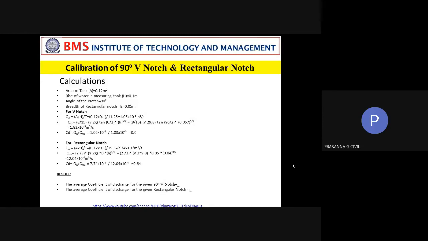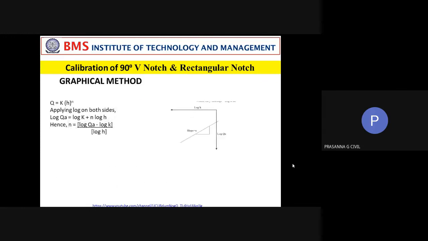This can also be done in a graphical method to compute the value of n in the expression for the equations given, both for the V notch and the rectangular notch. If a graph is plotted with log h versus log q, the slope of the line should give you the value of n.